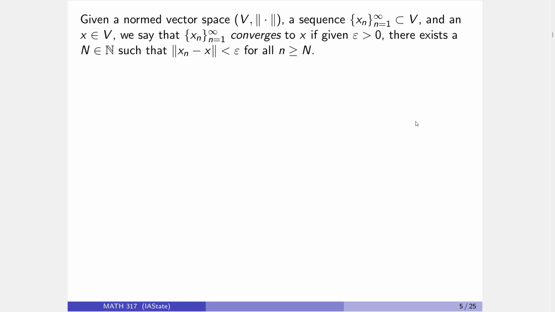So as we noted, if you have a notion of length, you have a notion of distance between elements. Here we see that going on. So, with a notion of distance, we can have a notion of convergence. So, given a sequence in an R vector space, we say that it converges to an element if, given an epsilon, there is some point where the distance between them gets arbitrarily small and stays arbitrarily small.